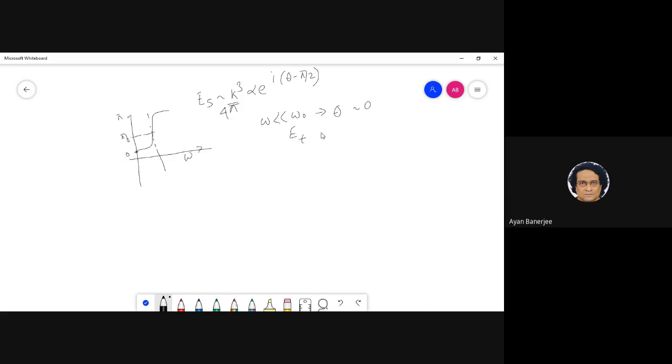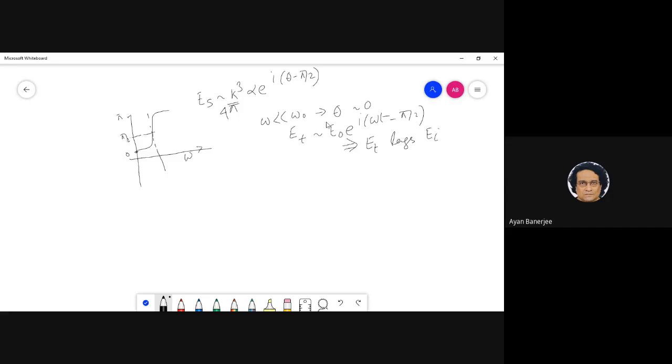So if I look at the total, this is nothing but e to the minus pi by 2, right? So I can write my Et as some E0 e to the i omega t minus pi by 2. It's essentially Es plus Ei, which means that my Et lags my Ei.